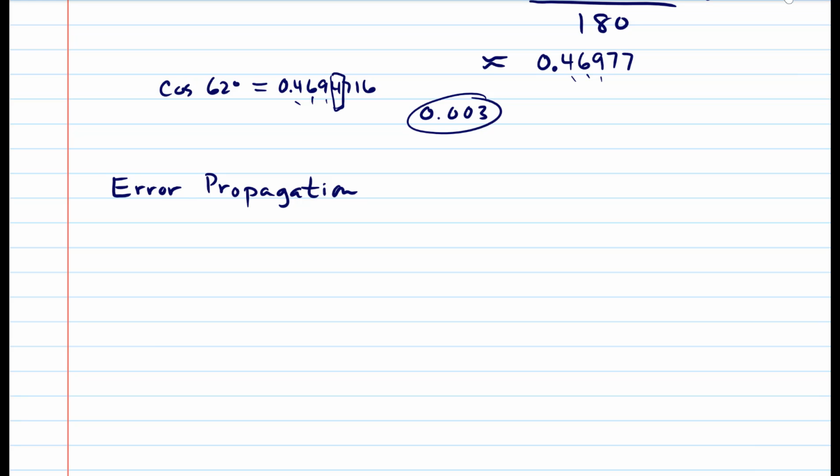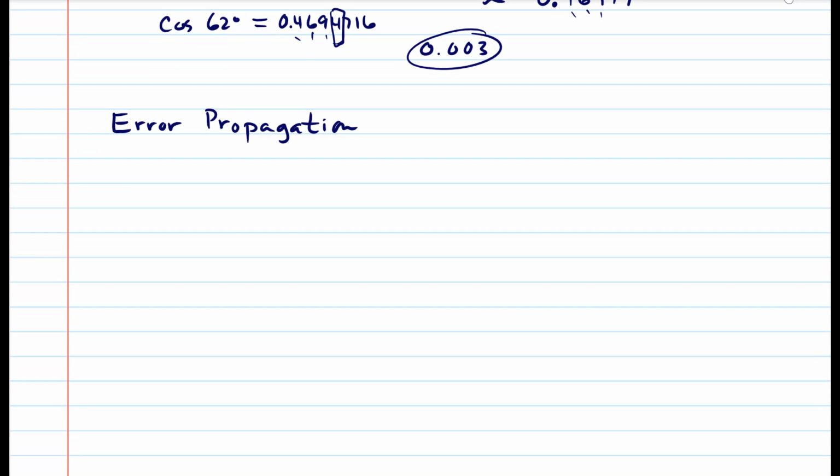It's kind of like the study of error. How much error do we have, or how much computed error do we have? So this is going to be example or exercise number 5.